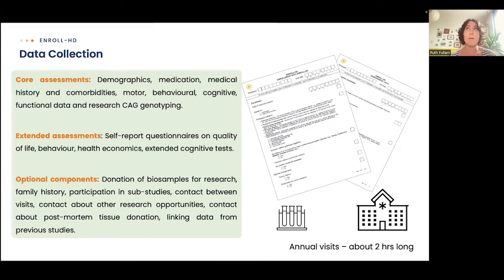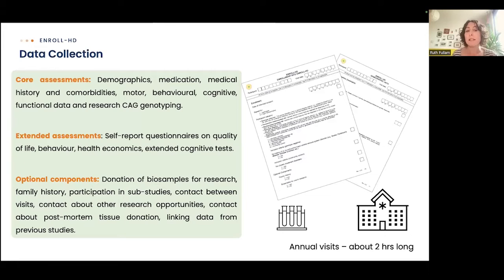We ask about function in day-to-day life, like how you go about just doing your day-to-day activities. And we collect a single blood sample just once for these core assessments, which we use to look at the CAG gene expansion.